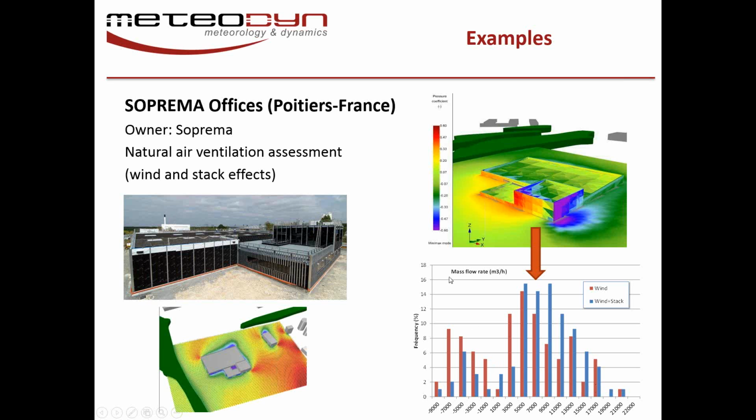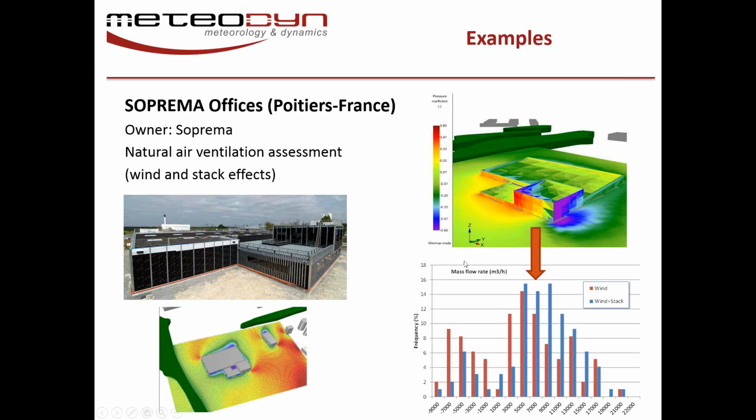You get mass flow rates versus the frequency. The red one is coming from the wind, whereas the blue one is the wind plus the Stokes effect. So as you can see, for high mass flow rates, the effect of the Stokes can be very important. But you can add it with a simple formula.